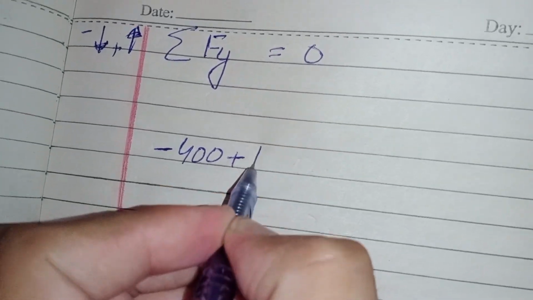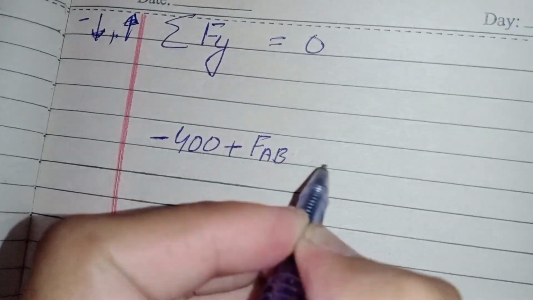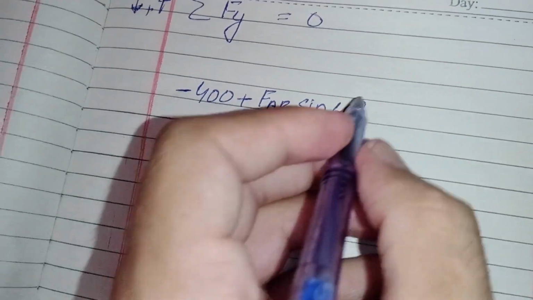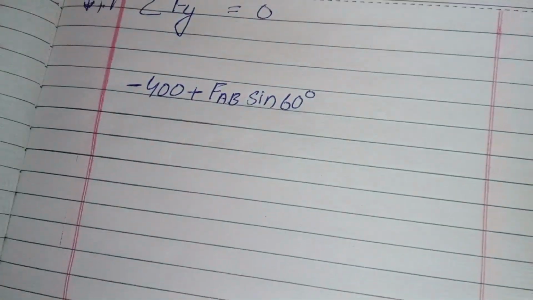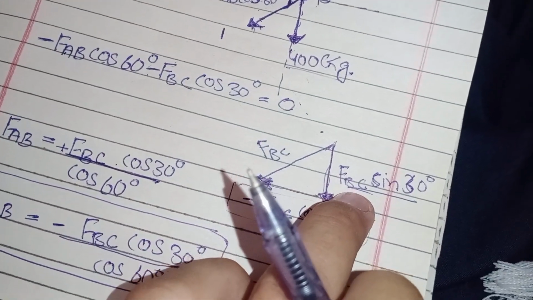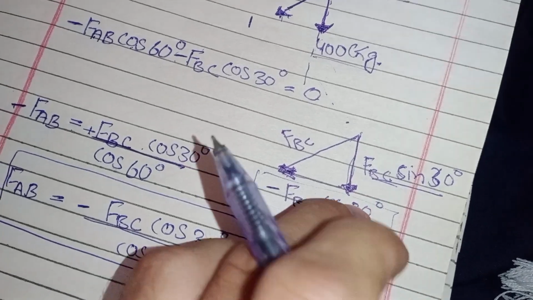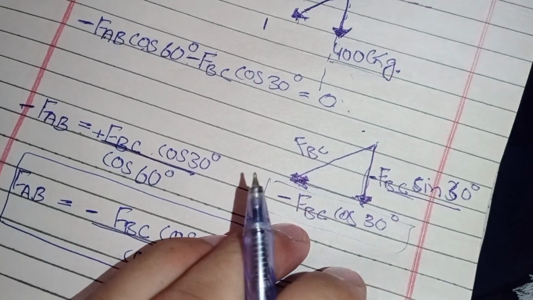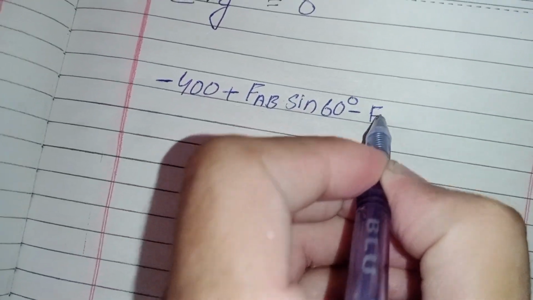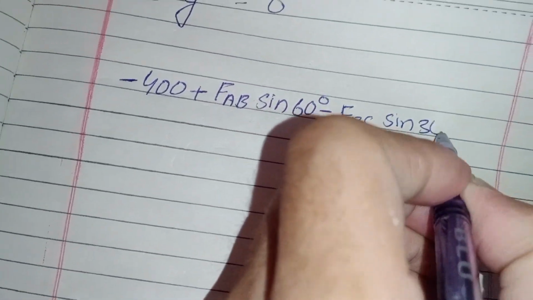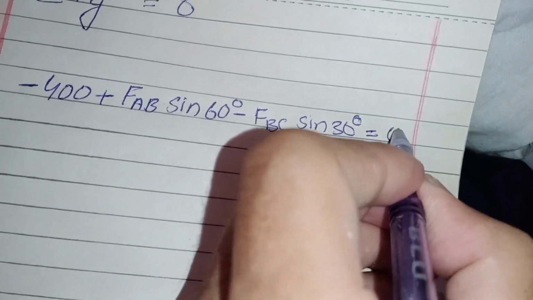Positive F of AB sine 60 degree, and also this force component is down and we will take it as negative. Negative F of BC sine 30 degree equal to 0.